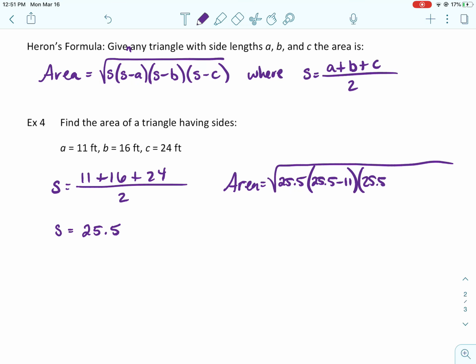We take 25.5 and we multiply it by 25.5 minus 11, and multiply it by 25.5 minus 16, and 25.5 minus 24. And I'm just going to have you guys leave it like that. I know that you can type that in and get all that, but just leave it like that. And the answer in this case is going to be in square feet.